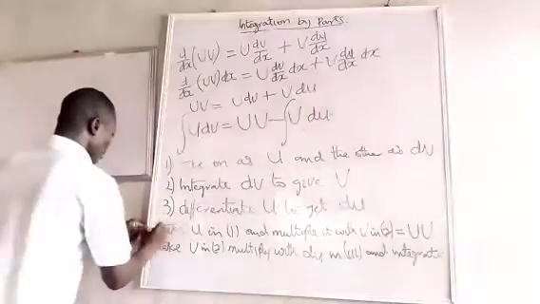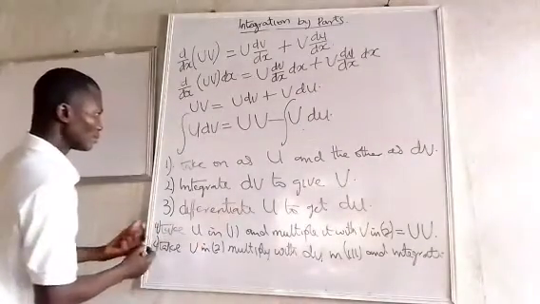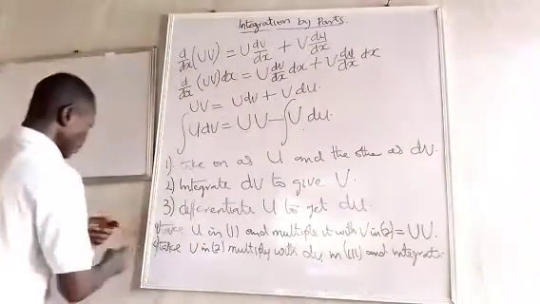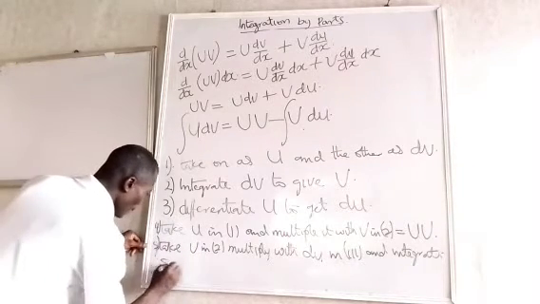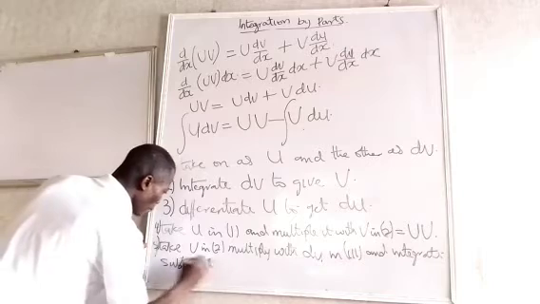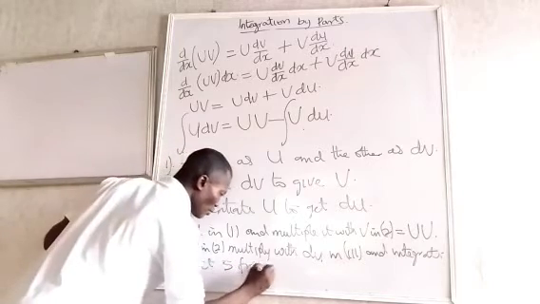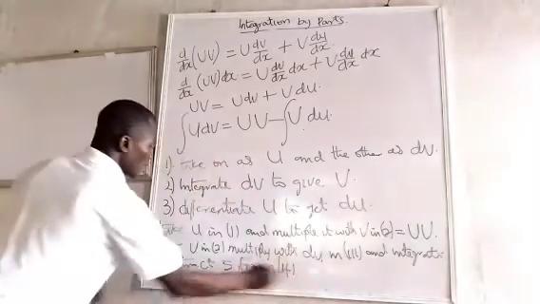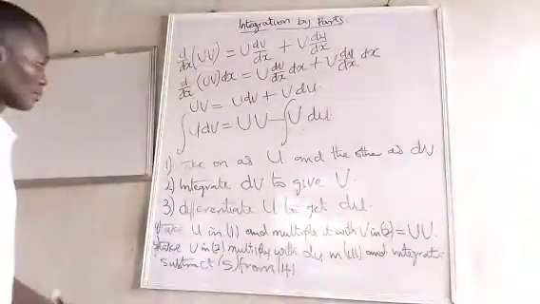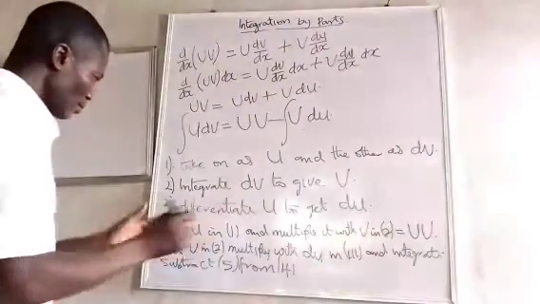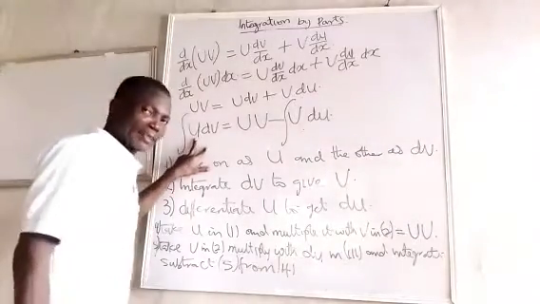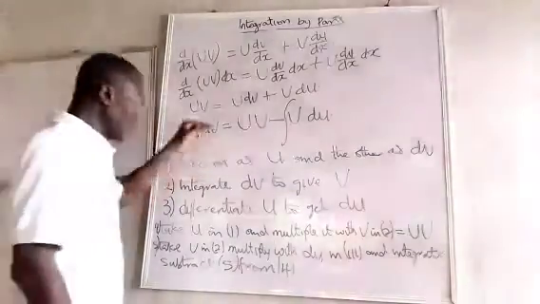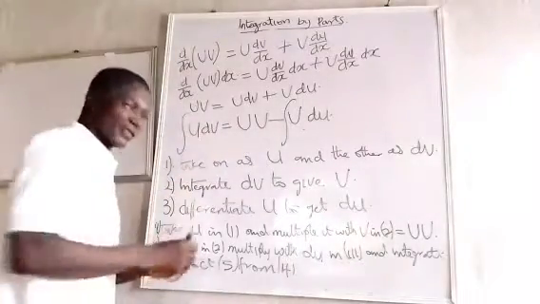That is number 4, and this is number 5. Subtract 5 from 4. If you can do this, you have already aced it. The only thing is to know which one to pick as u and which one as dv in every expression. I will give you the rules now.